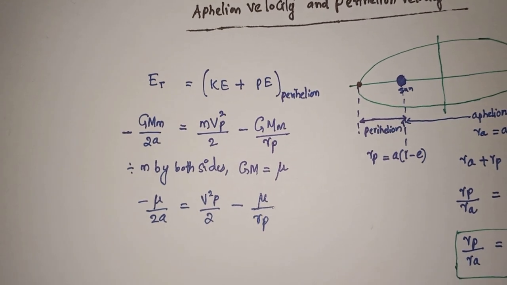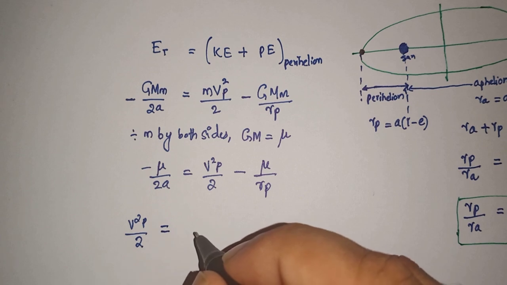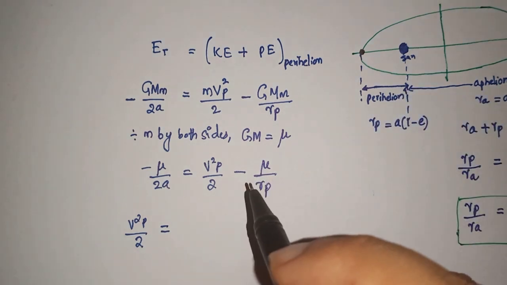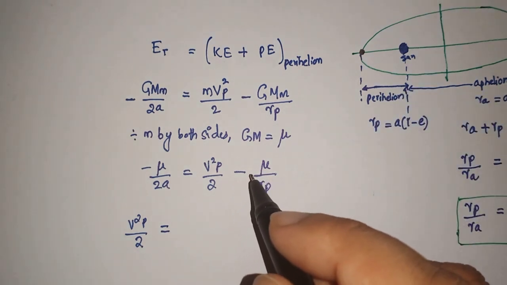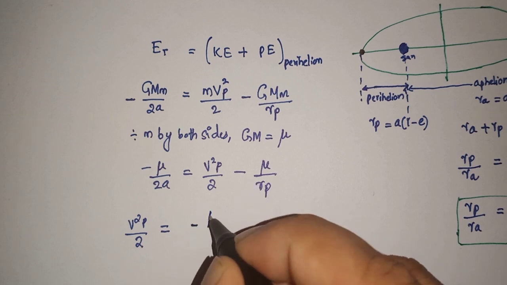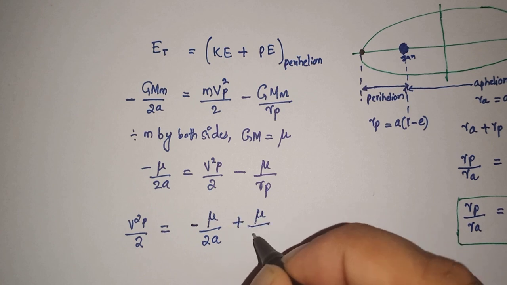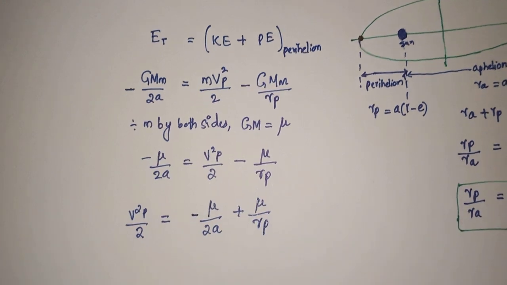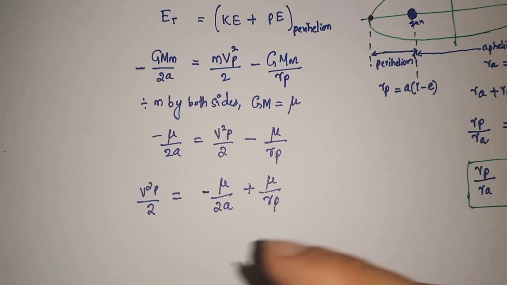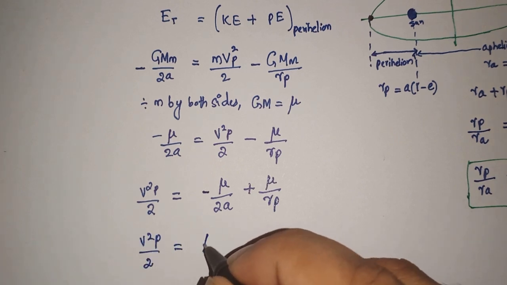You take v_p squared to this side, v_p squared by 2 is equal to, either way you can do it, minus mu by 2a plus mu by rp. Perfect.